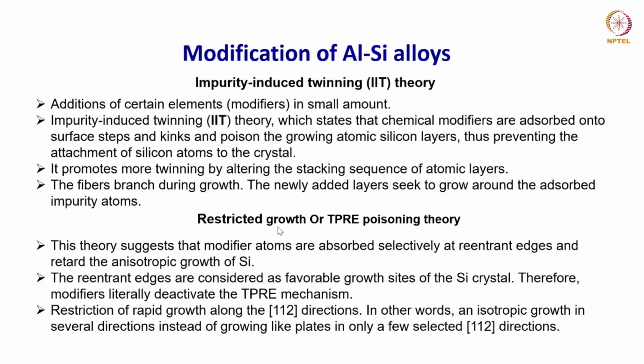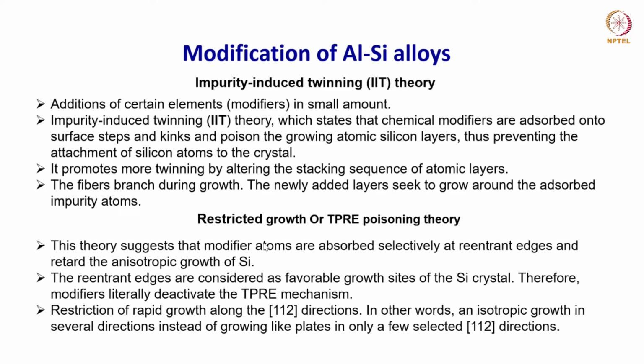So here the theory suggests that the modifier atoms which are added are adsorbed selectively at the reentrant edges. Okay. So instead of silicon atoms, now you have these impurity atoms which are added in small amounts, right?